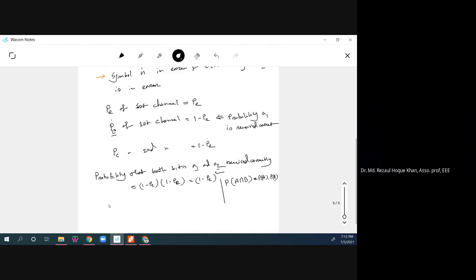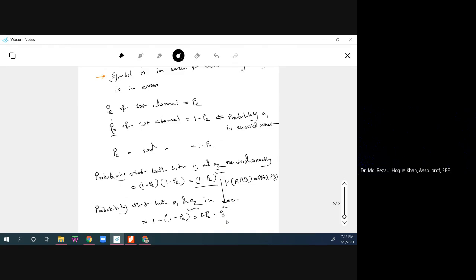What is the opposite, the probability that A1 or A2 is in error? It is nothing but 1 minus (1 minus PE) square, which is actually twice PE minus PE square.